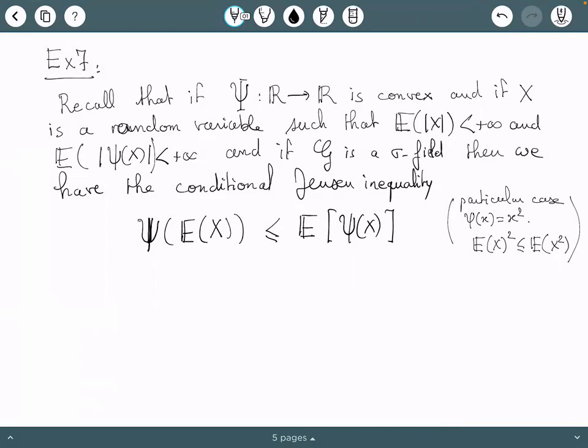So this is the usual Jensen inequality. What I mean by conditional Jensen inequality is that this property is also true by replacing the expectation by the conditional expectation.